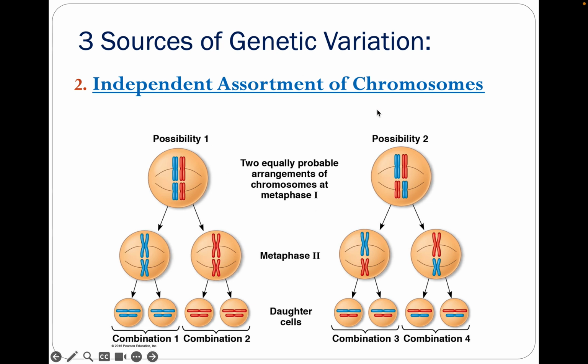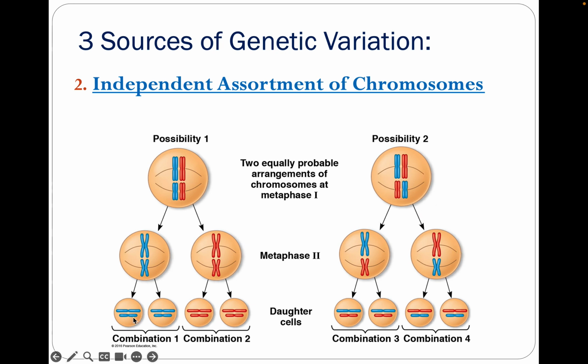Next is the independent assortment of the chromosomes. So if we've got 2 different chromosomes, chromosome 1 and chromosome 2, they could separate where the 2 from dad go together and the 2 from mom go together, but it's equally likely that they won't. It's equally probable that 1 from dad and 1 from mom will separate together, and the opposites here.